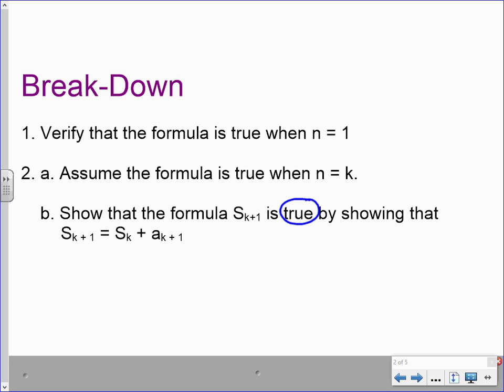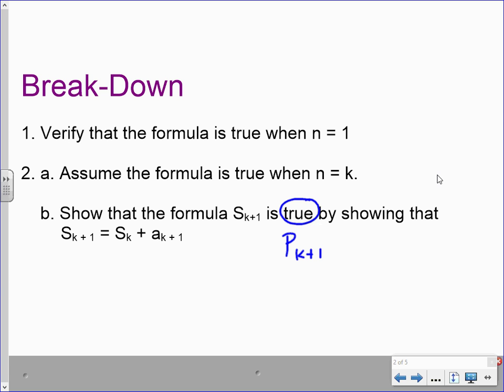We will know that we've done our job by proving that this is true if we can show that this is P of k plus 1. Okay, remember, that's what we practiced in our homework last time. P of k plus 1. Once we get to that, then our proof will be complete and we can write a conclusion.